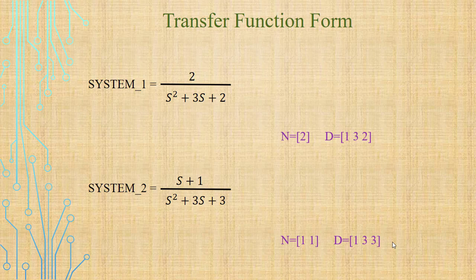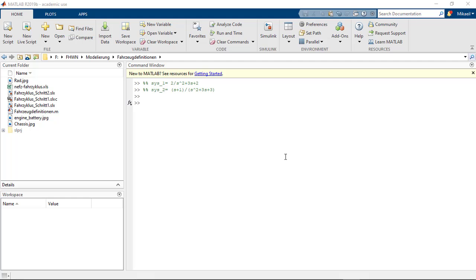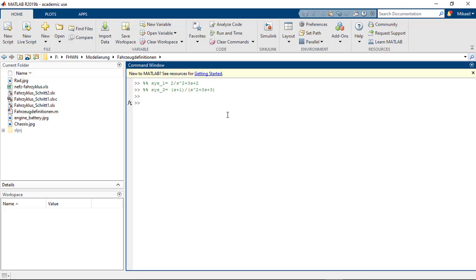Now we go to Matlab and define our two systems, system 1 and system 2. Okay, now we start to define our systems in the command window. For system 1, we first write the numerator: 2 between brackets, and for the denominator 1, 3, 2, semicolon.